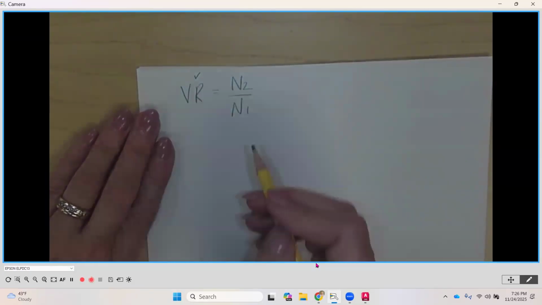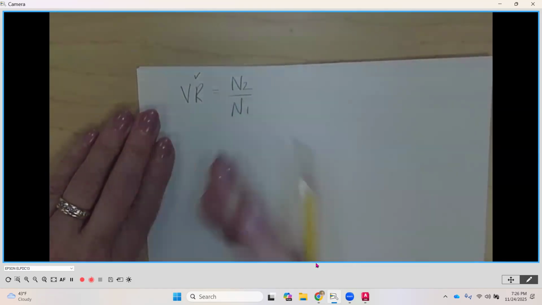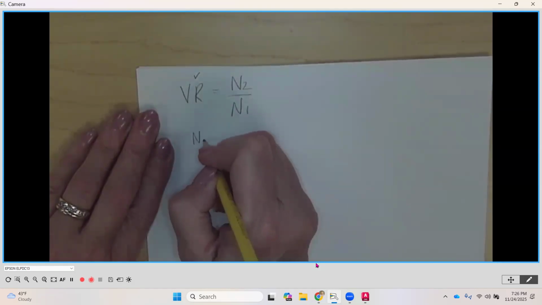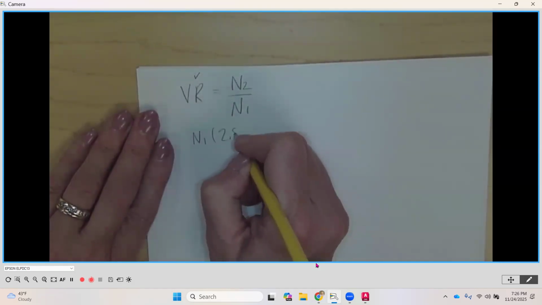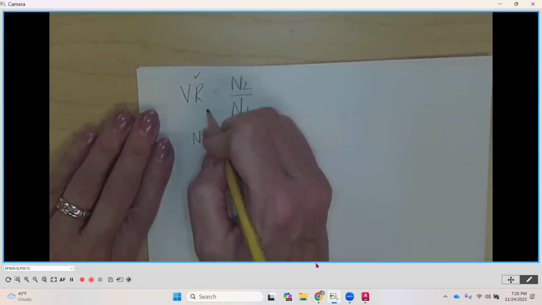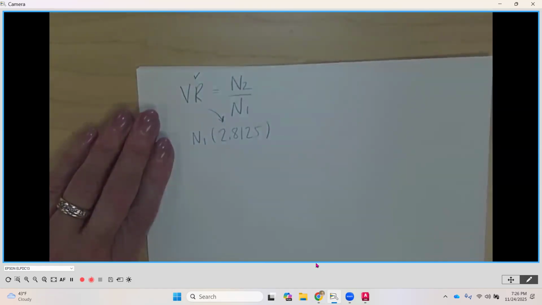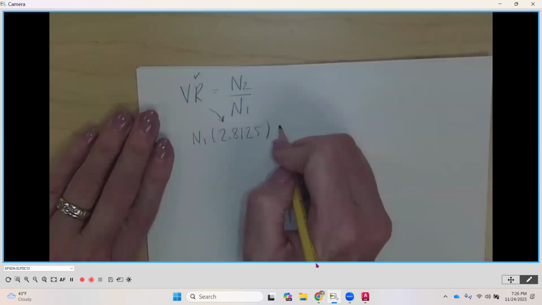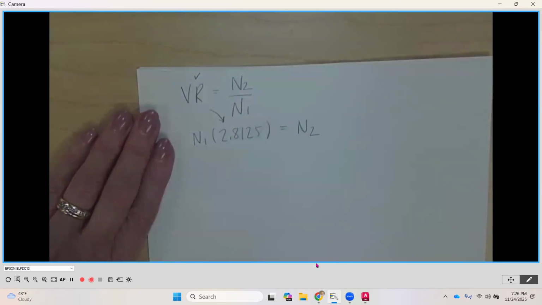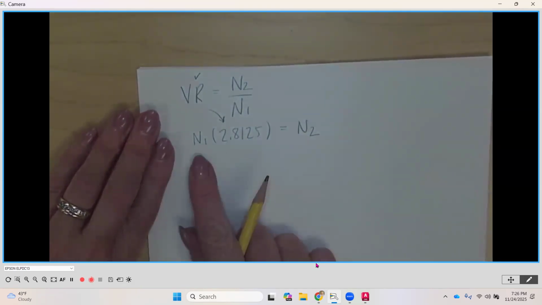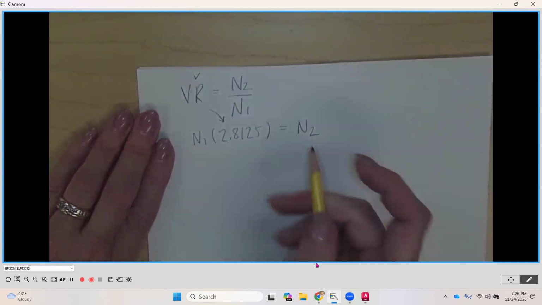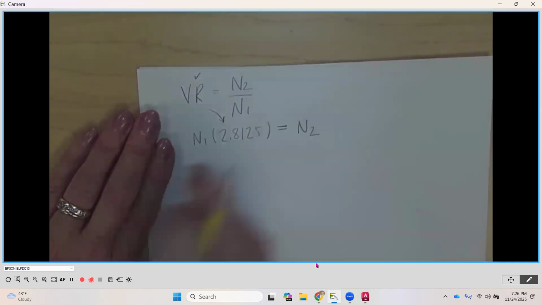If I rearrange this to put one variable on one side and one on the other, I can say N1 times 2.8125, that velocity ratio, equals the number of teeth on my gear. So number of teeth on my pinion, number of teeth on my gear on two sides of my equation.